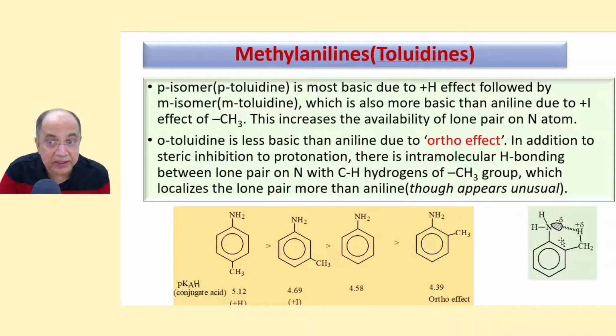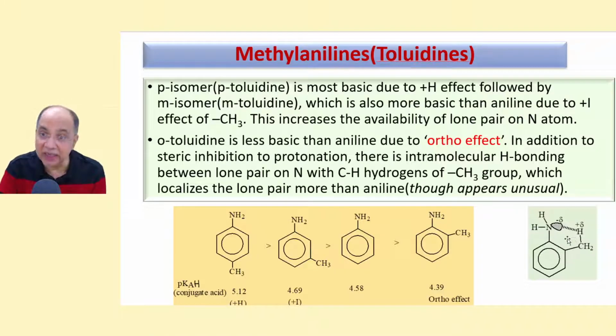And nowadays, research has revealed there is an intramolecular hydrogen bonding kind of interaction between the amino group and methyl hydrogen. Very surprising, as the carbon-hydrogen bond as such is not polar, very, very weakly polar.